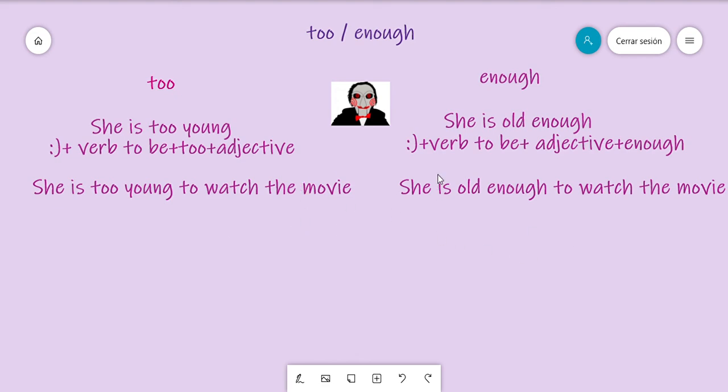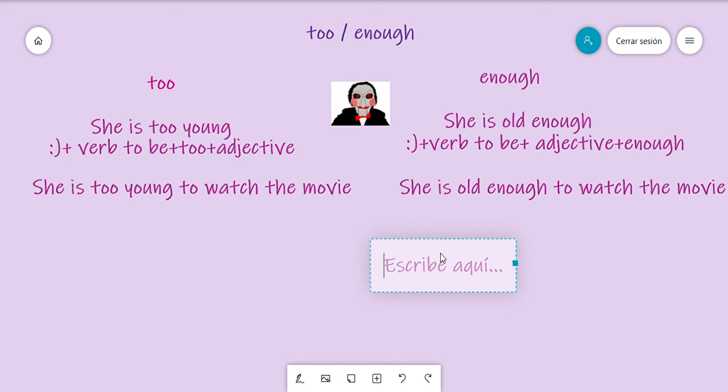In the case of enough, it is the person, the verb to be, the adjective, in this case old, enough, that is my intensifier, and you have your verb in infinitive, and obviously your complement.